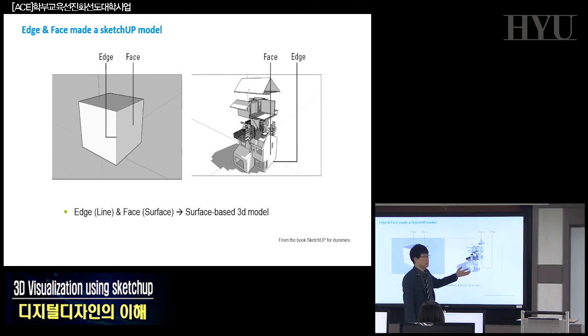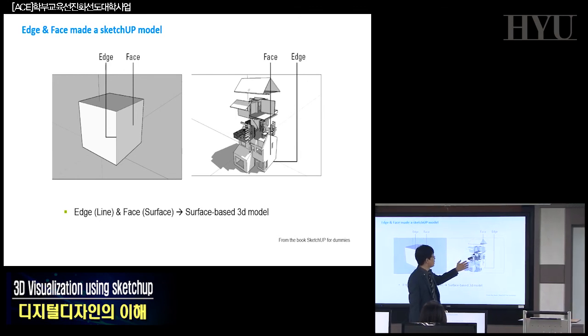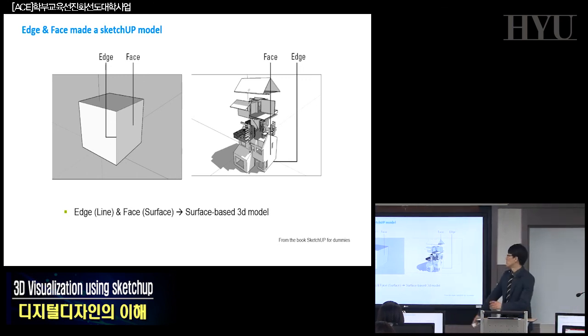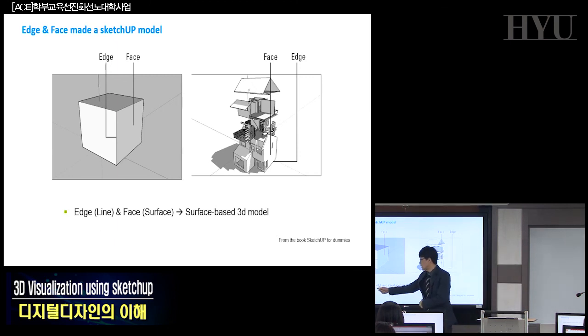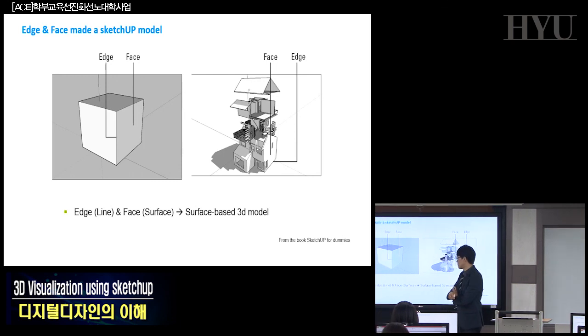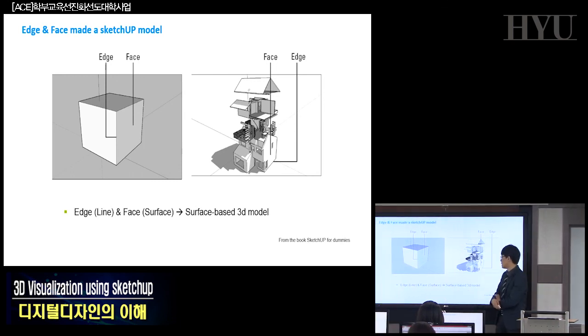It looks very complicated, but anyway, it's still a collection of a large number of faces composed of edges, okay? So edges in geometric terms are lines, and faces, so-called surfaces, are going to make a surface-based 3D model.